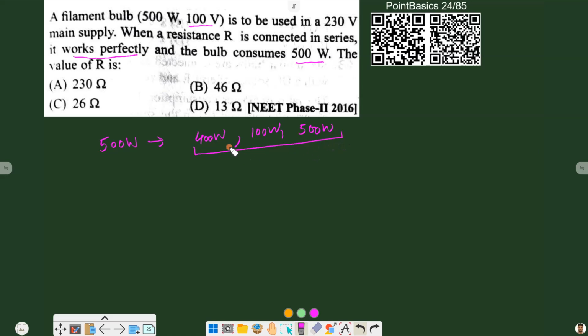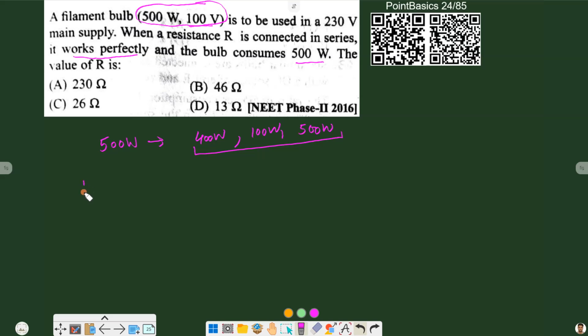But provided that, depending on how much power it is consuming, there will be a value of current flowing through it, and that current can't exceed its original rating, because according to its original rating it is rated at 500 watt at 100 volts.